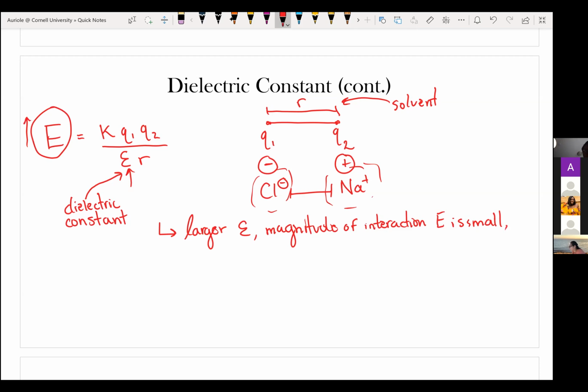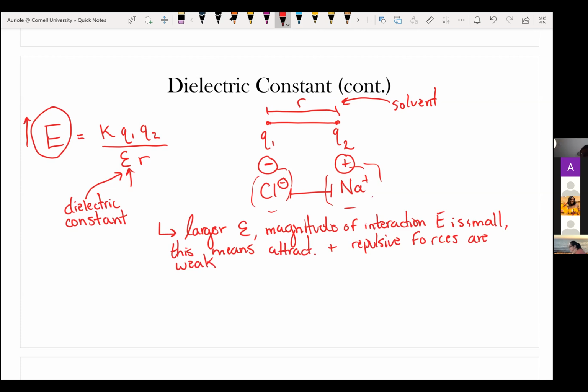So let's continue this. This means attractive plus repulsive forces are weak. They're not going to be as attracted to each other anymore.